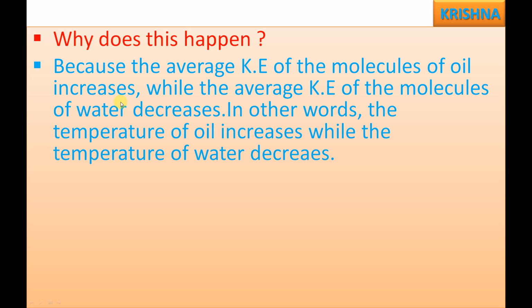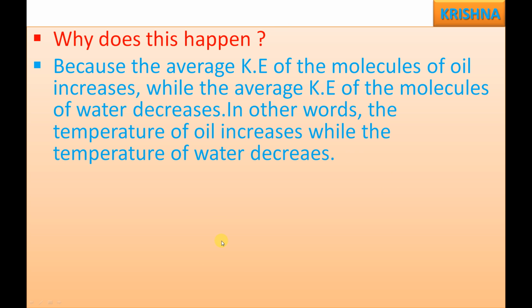In other words, the temperature of oil increases while the temperature of water decreases. If kinetic energy increases, correspondingly its absolute temperature also increases. We discussed the relation between absolute temperature and kinetic energy in the previous class.